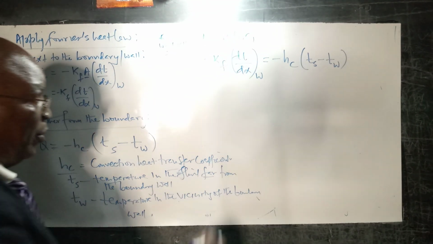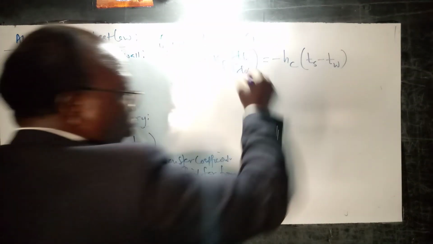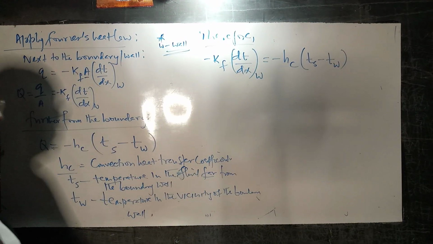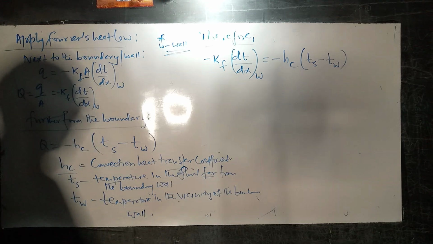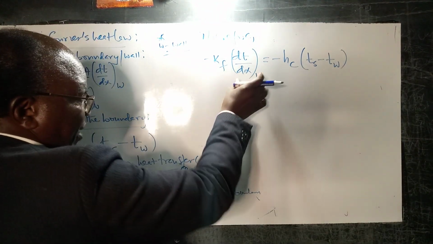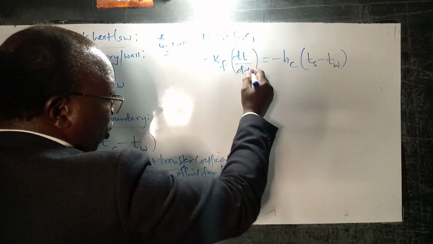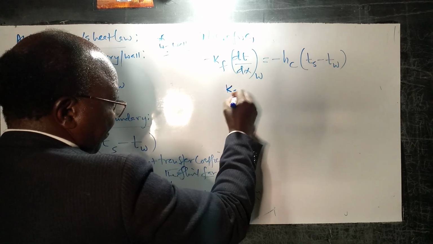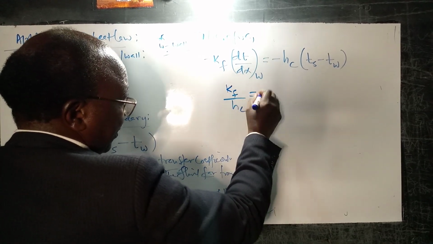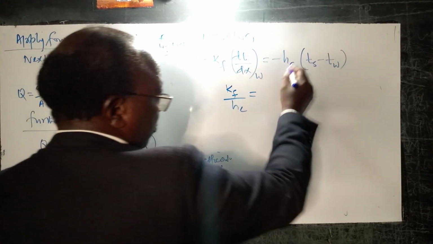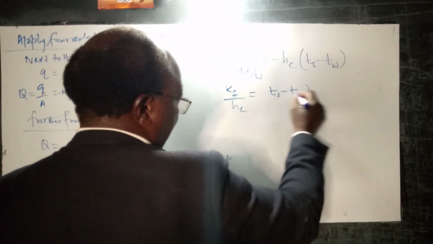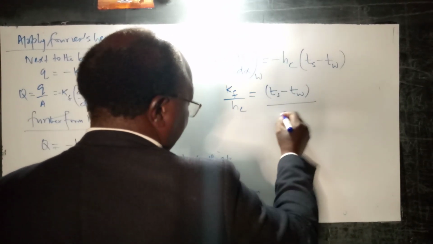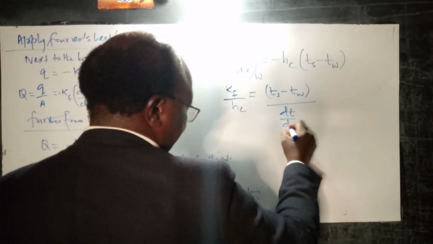So if we rearrange these quantities, very simple rearrangement, the negative signs will have cancelled, then we can divide by Hc and divide by that slope there. So we have Kf over Hc being equal to (Ts minus Tw) over dT/dx at the wall.